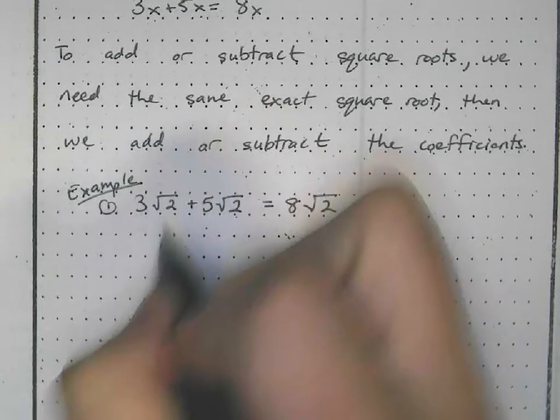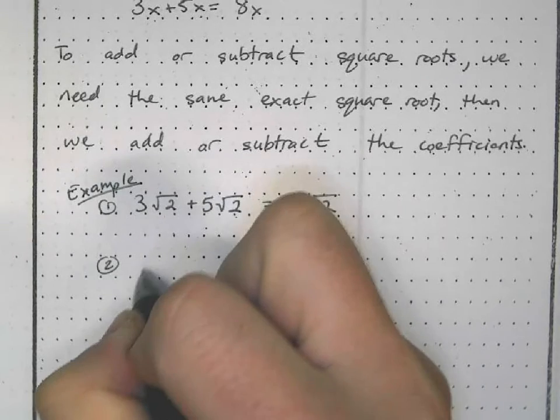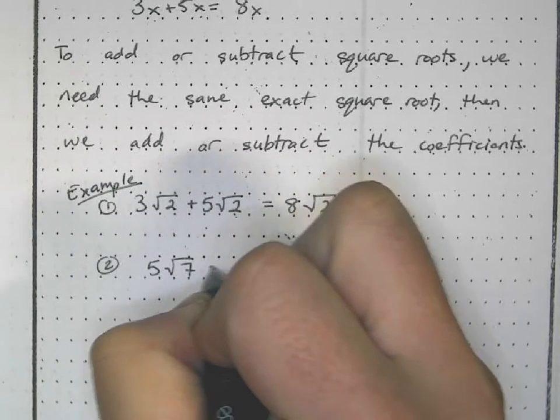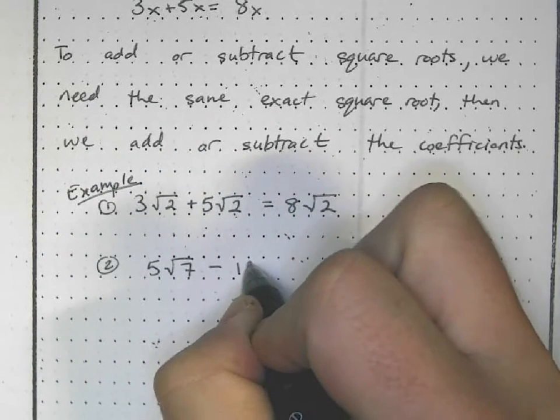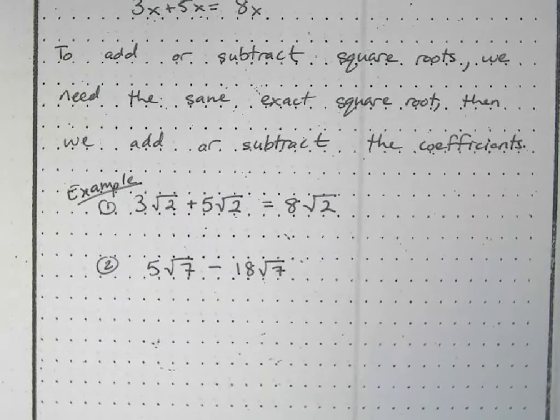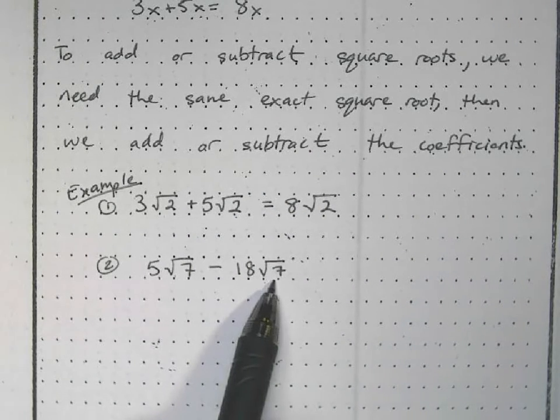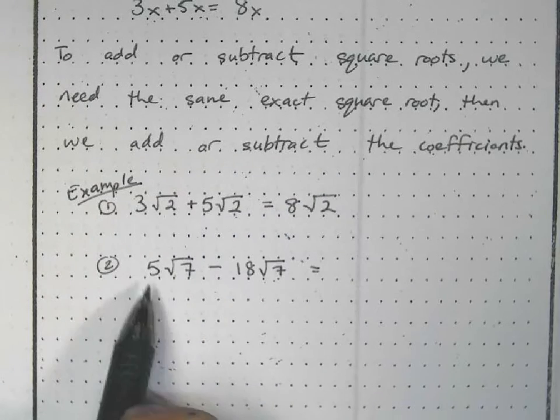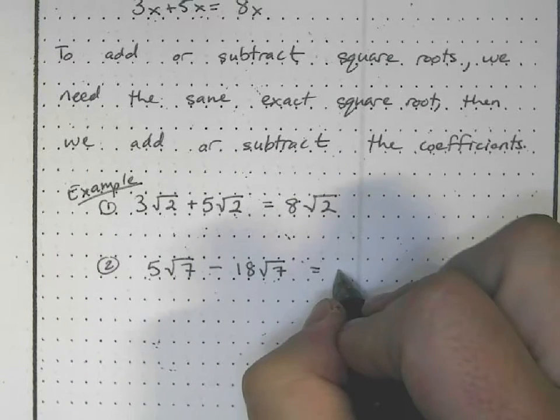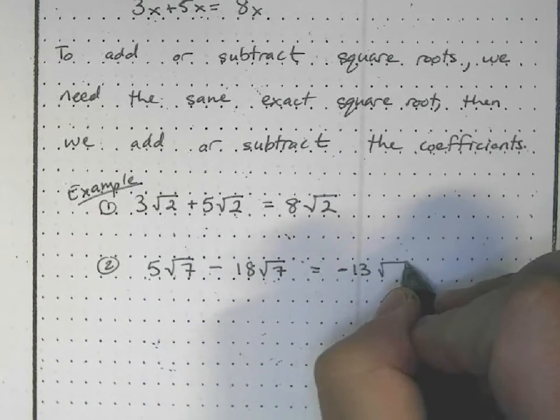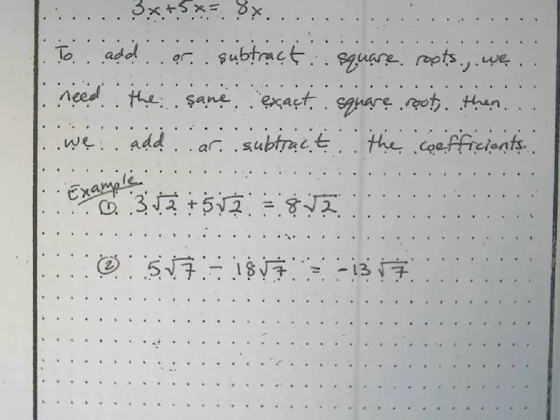Example number 2, say I had 5 root 7 minus 18 root 7. We have the same exact square root, so I just subtract 5 minus 18, would be negative 13, and then that square root of 7 stays the same.